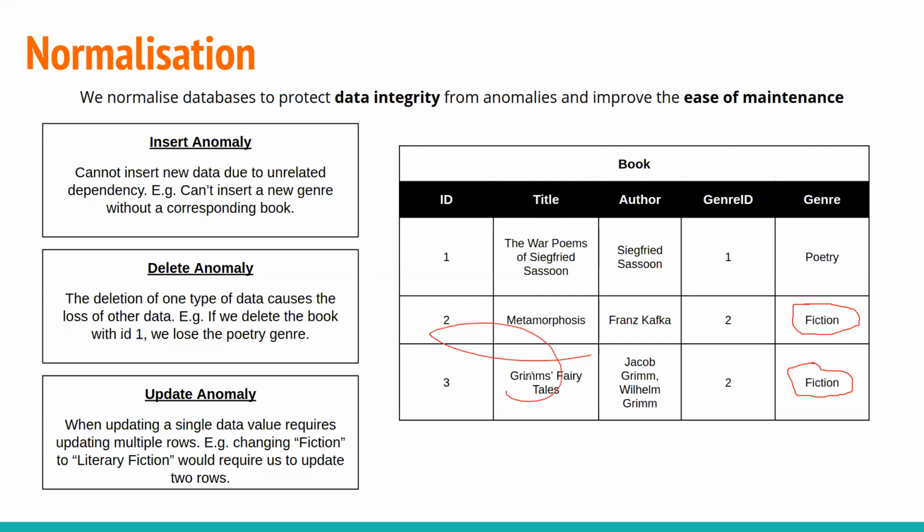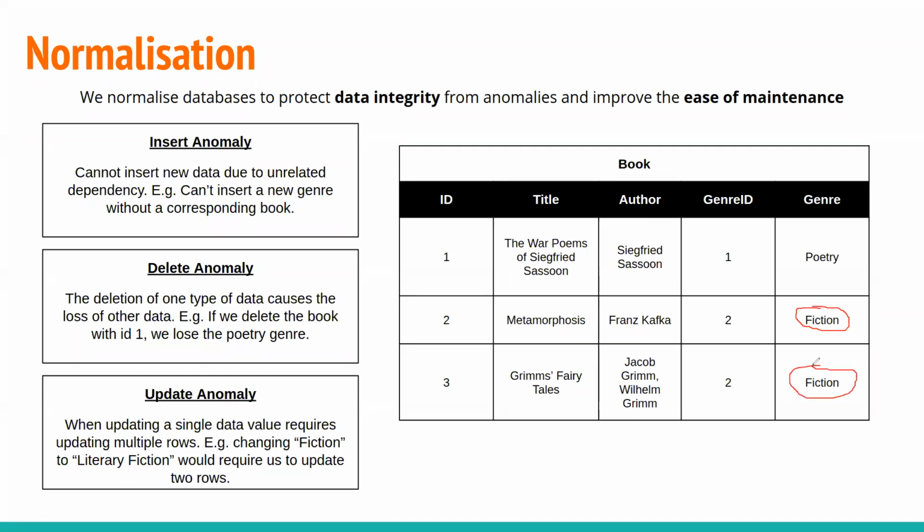And you can imagine if we had 100,000 books in our database, this would be hugely inefficient and very annoying, right? You don't want to actually have to search through the whole database to change this one piece of information. You just want to change it in one place, and everything that's fiction must just know that it's now literary fiction. Okay, that's called an update anomaly. And think about it, there are other ways that this could occur, right? That's the best case scenario, that you update this to literary fiction and you know that you must also update this to literary fiction.